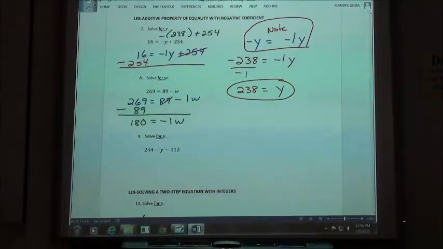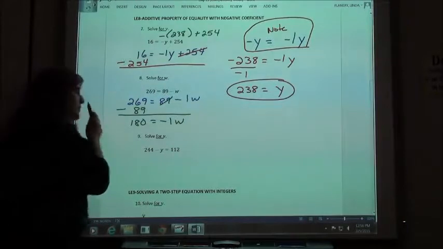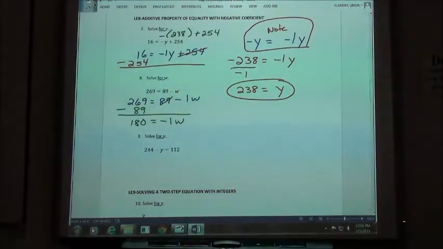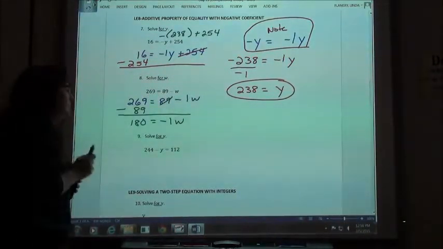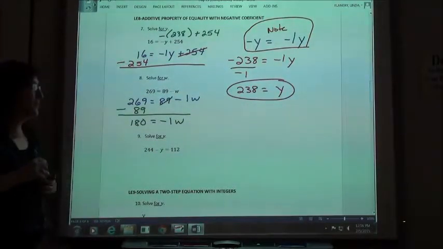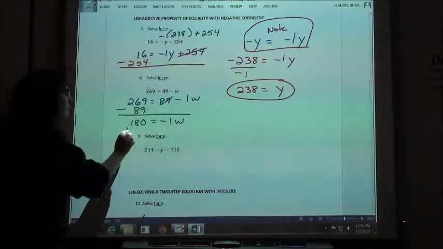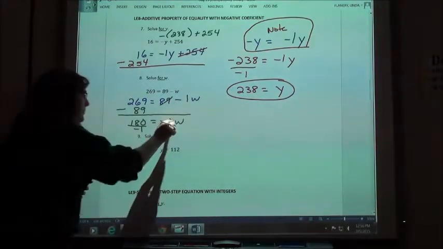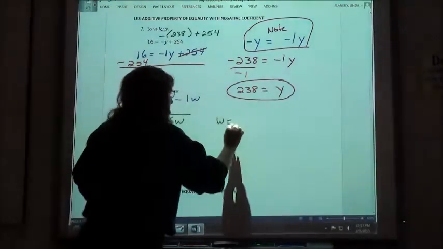You only got one negative sign, so 180 divided by negative 1, but the answer would come out negative, right? It should, yes.